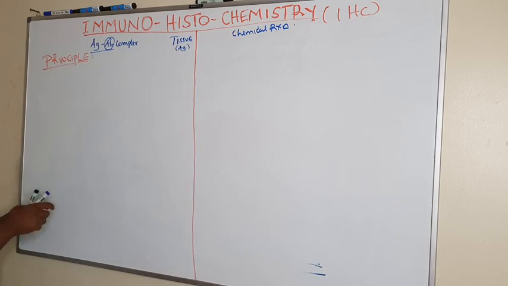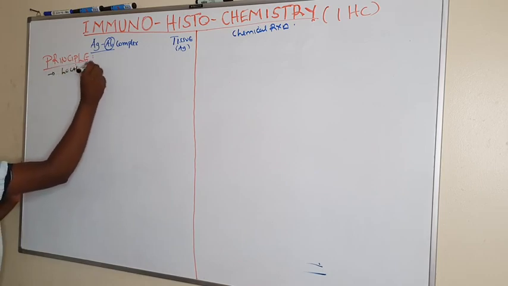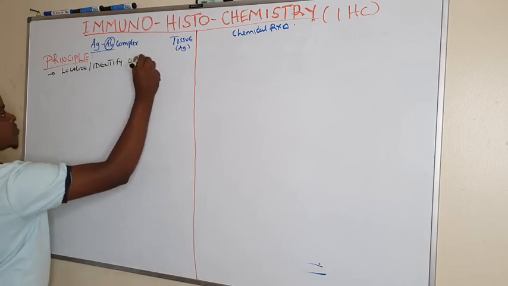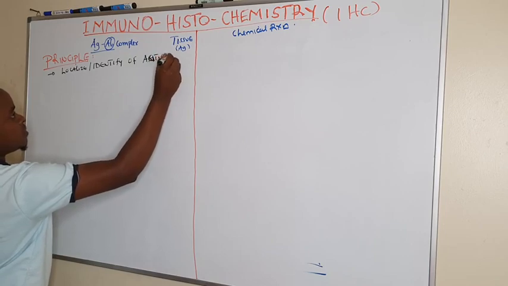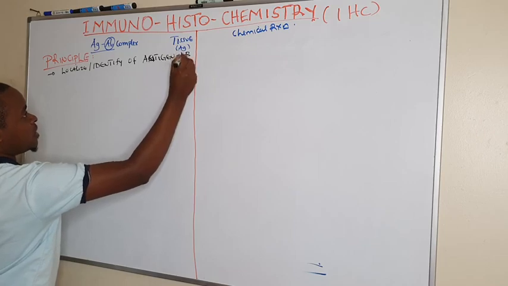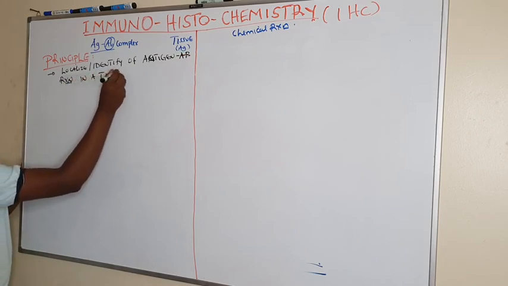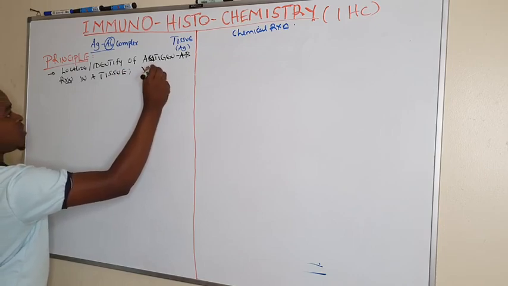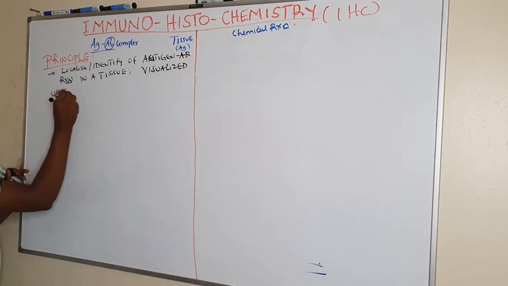The principle states that this method is used to localize or identify antigen antibody reactions in a tissue, which are visualized using labels.